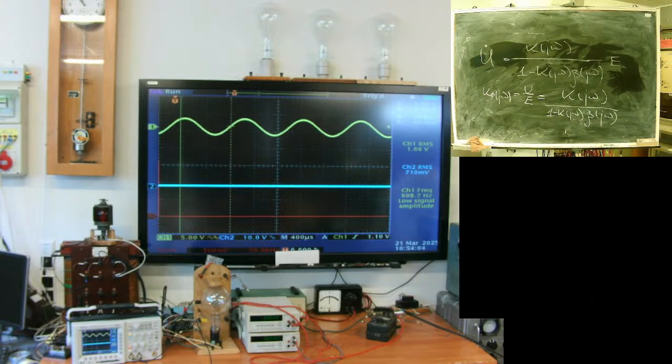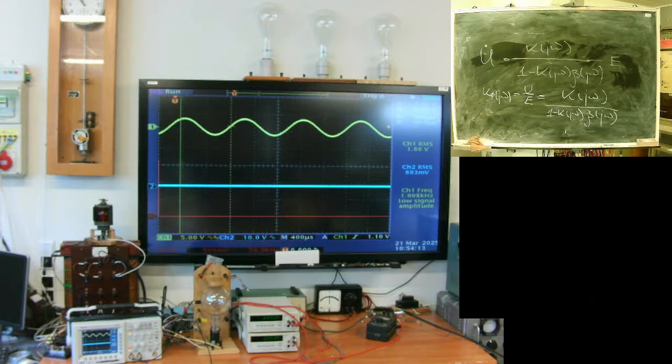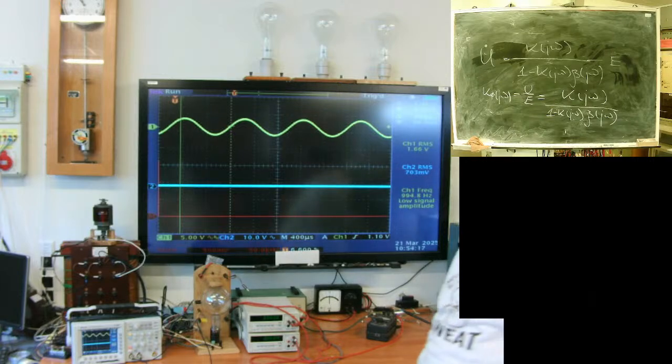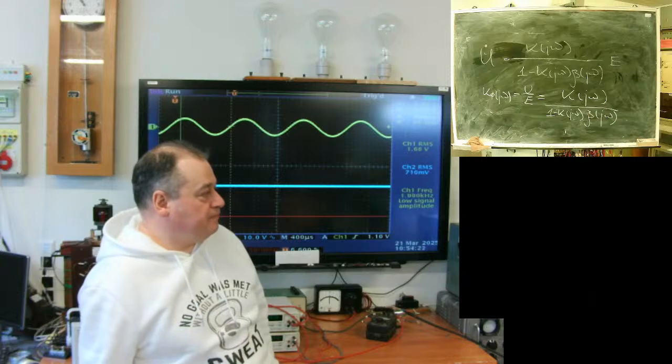I wrote it for harmonic signals. Yeah? But this part is not dependent on voltage or current. It's dependent only on frequency. It's a frequency function, not time.